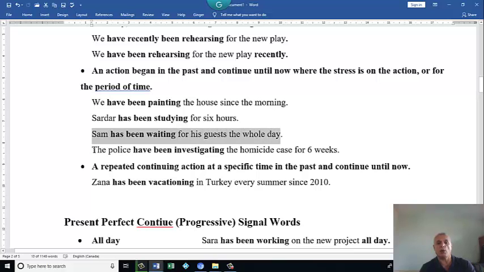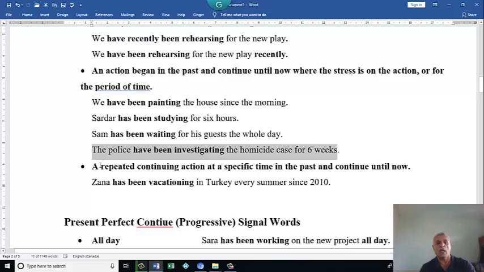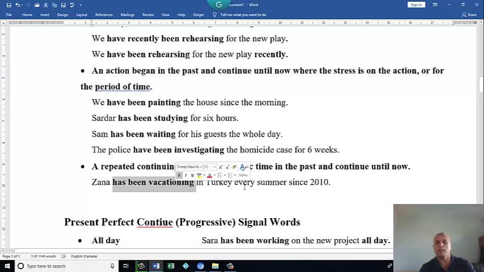Or you could say, the police have been investigating the homicide case for 6 weeks. Or it could be a repeated continuing action at a specific time in the past that continues until now: Zana has been vacationing in Turkey every summer since 2010.